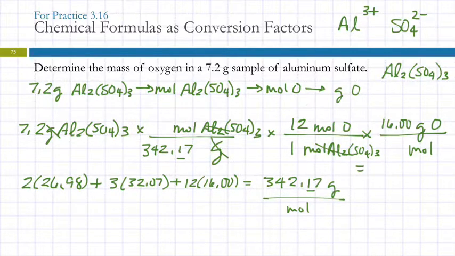This should have 2 significant figures, so I'm going to write the first 2. Come on, I need a decimal point there. And then 2 more, 40, grams of oxygen.